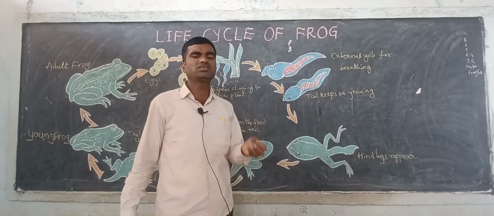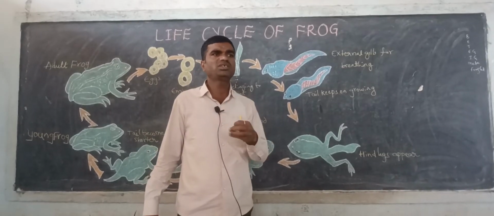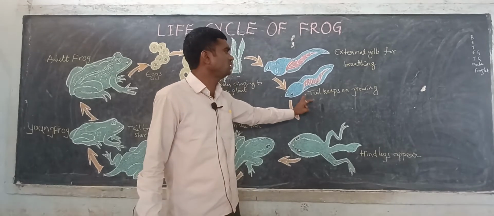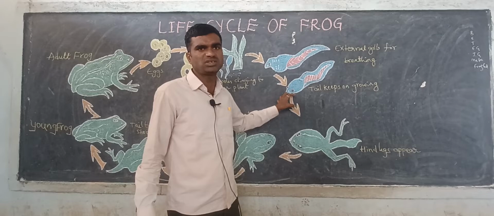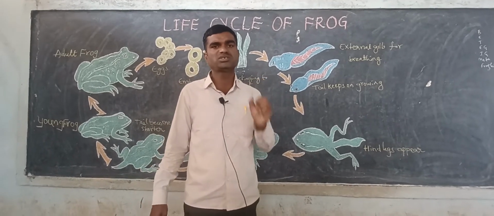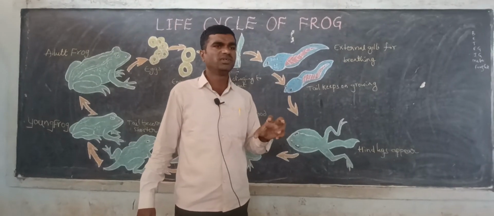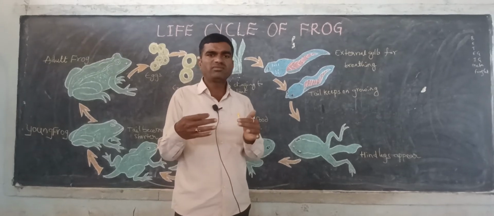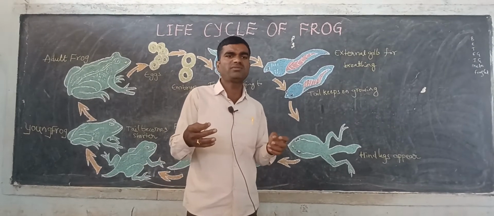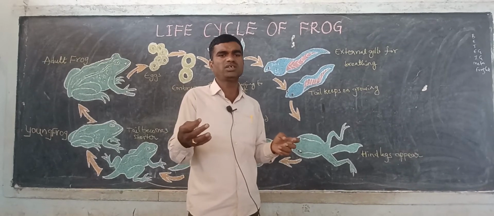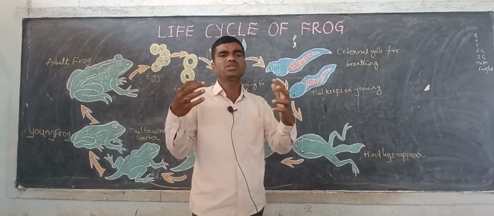They are collecting food material. The tail keeps on growing, and they are taking nutrition from the aquatic ecosystem or surrounding water. Now they are moving from one place to another, and by the third or fourth week they may be social.